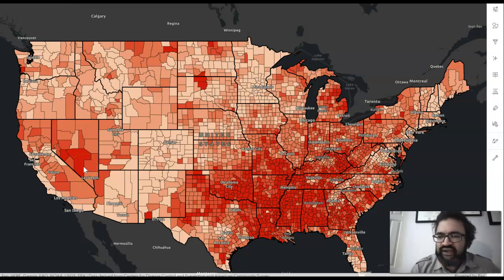Now looking at some of the risk factors, and then some risky behaviors.